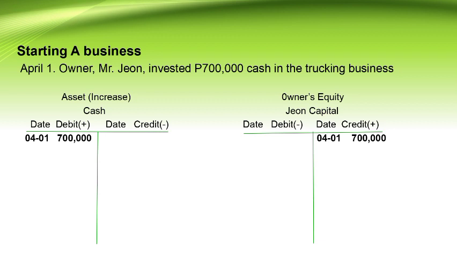So we're going to put April 1 or 4/01. Moving on, as the rules of debit and credit, an increase in assets is recorded as debit while an increase in owner's equity is recorded as credit. So the entry is to debit cash for 700,000 and to credit John Capital, which is also 700,000.